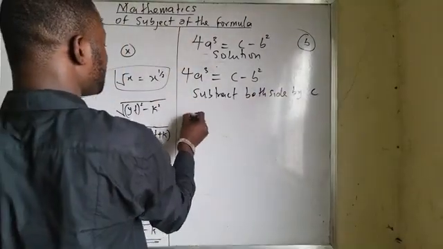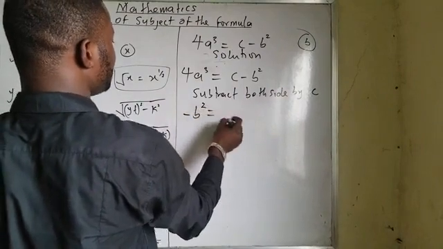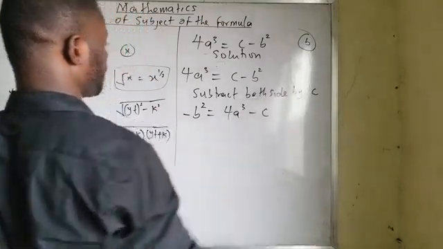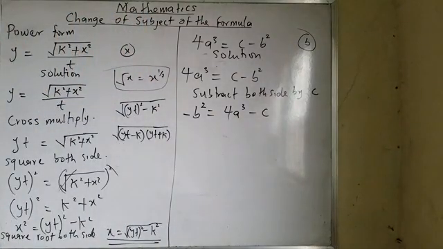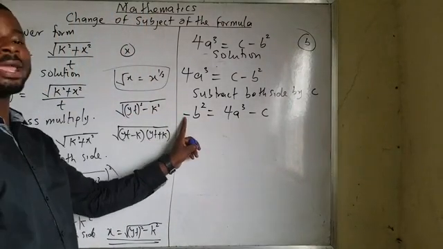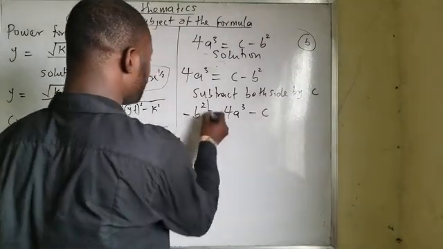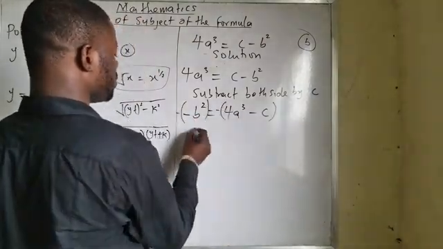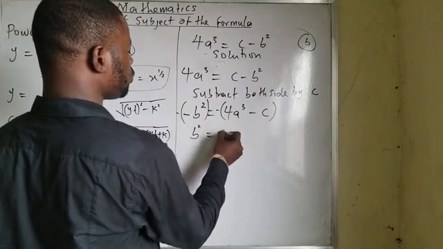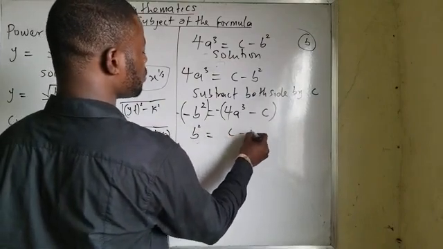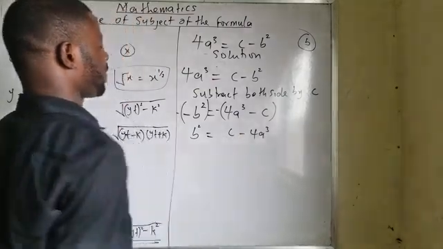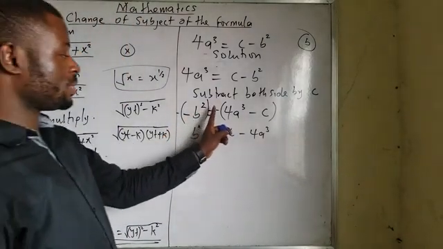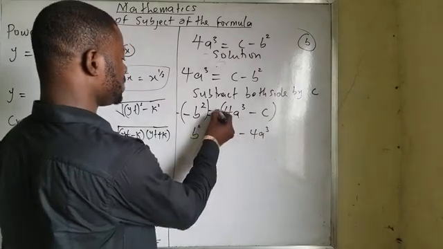It means I'll be having minus b squared equals to c minus 4a cubed. Now, there is a big problem here: this minus. It means I'll multiply both sides by minus, which is b squared equals to 4a cubed minus c. I just open bracket with this minus here.